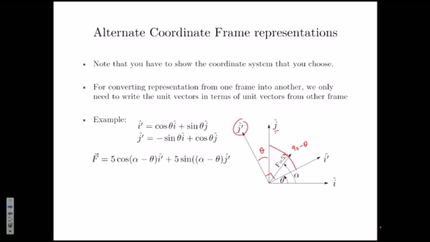So that means that if I resolve j prime, it will be cosine theta along the j direction, and that's this component, and the other component will be pointing towards negative x, and that will be nothing but sine theta along the negative i hat direction. So that's what we have. Okay, so this is the sort of stuff that should be clear to everybody. So if you don't understand this, now would be a good time to ask.